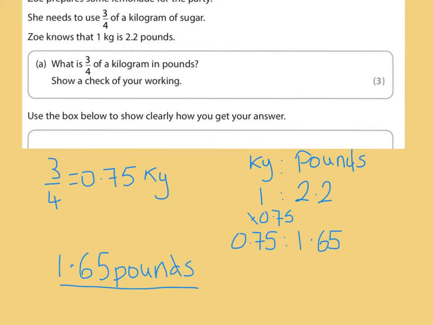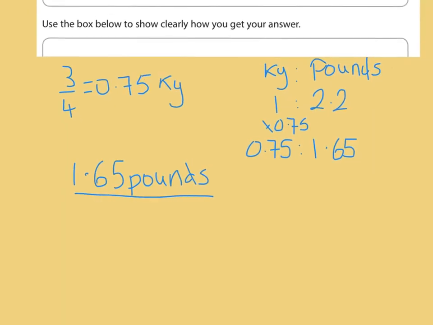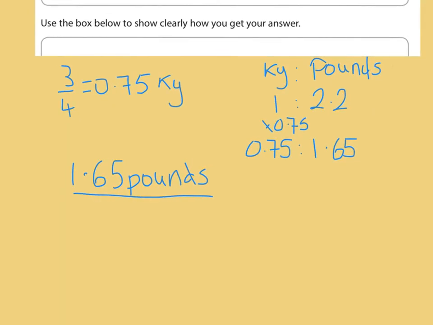Now it says show a check. That's going to be the third point here. A check can be a lot of different things. Sometimes it will actually say what type of check it wants you to perform. I'm going to do a type of checking called reverse the calculation.